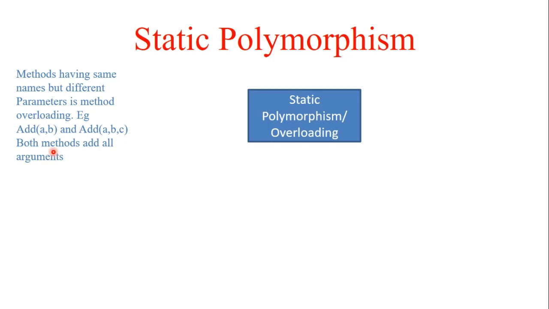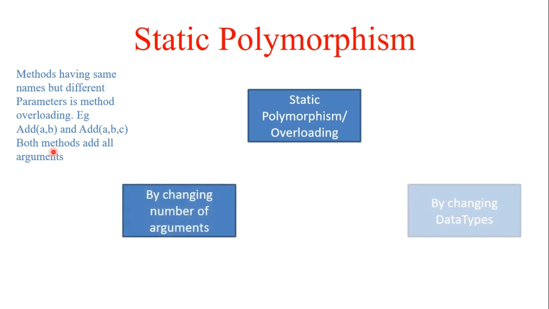So let's cover static polymorphism first. How do you implement static polymorphism, or how do you implement overloading in Java? What is basically static polymorphism? Static polymorphism is nothing but a way in which you have different parameters for the same method. For example, I want to add 2 numbers, and similarly I want to add 3 numbers. So what will I do? I'll create 2 types of methods with the same name.